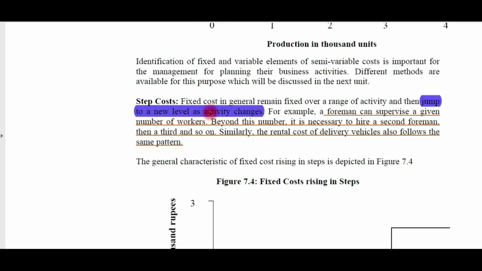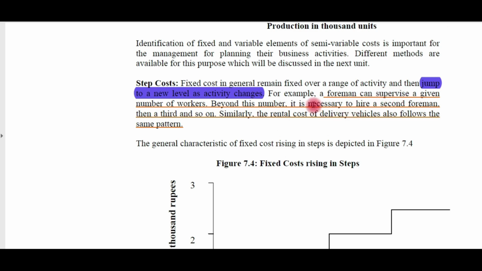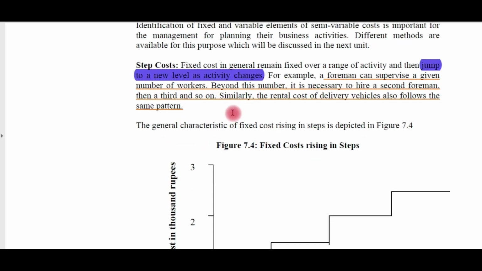Step costs. Fixed costs in general remain fixed over range of activity and then jump to a new level as activity changes. For example, a foreman can supervise a given number of workers. Beyond this number, it is necessary to hire a second foreman, then a third, and so on. Okay, this is simply step costs, means beyond a certain level of activity, fixed costs also have to be increased.